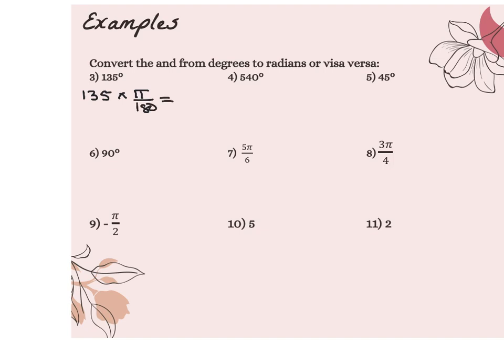Now, if it says to give the exact, and that's what I want to see here, then we're just simplifying the fractions here. So I could simplify 135 and 180, and I can simplify this to 3/4. So 135 degrees is equivalent to 3 pi over 4 radians.